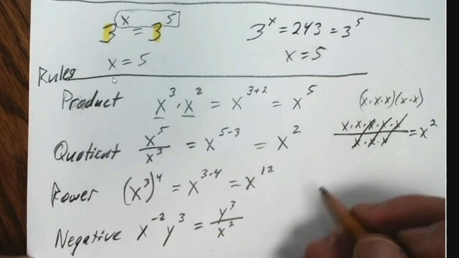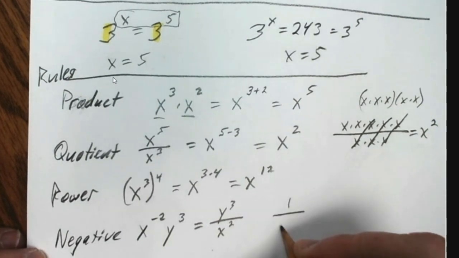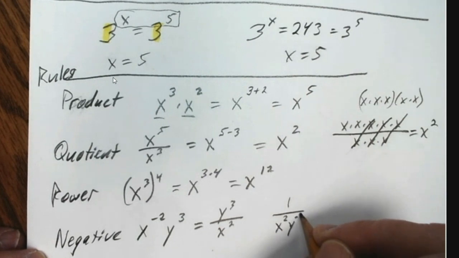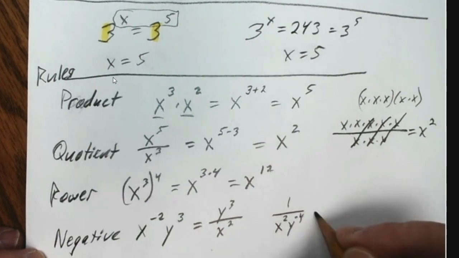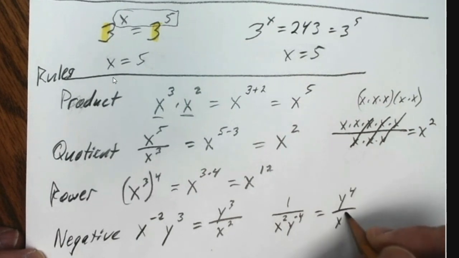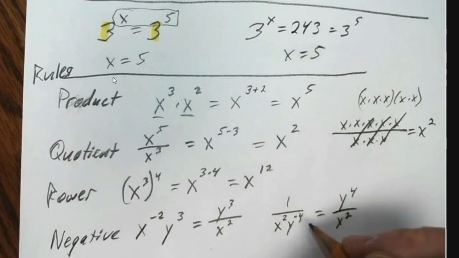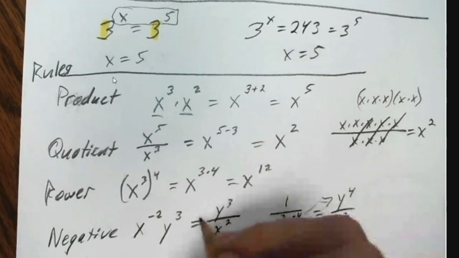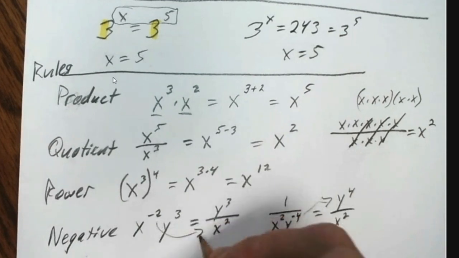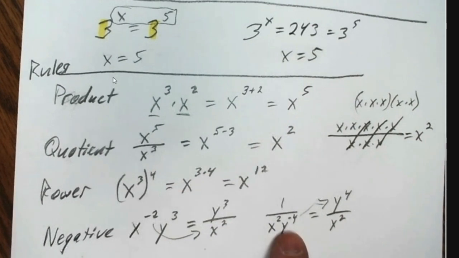If we have 1 over x squared y to the negative fourth, we can move the y on top. We leave the x on bottom because it's already a positive exponent. But anytime you have a negative exponent, you can either move it on top of the fraction or move it below the fraction to make it a positive, because our final answer should not have a negative exponent.